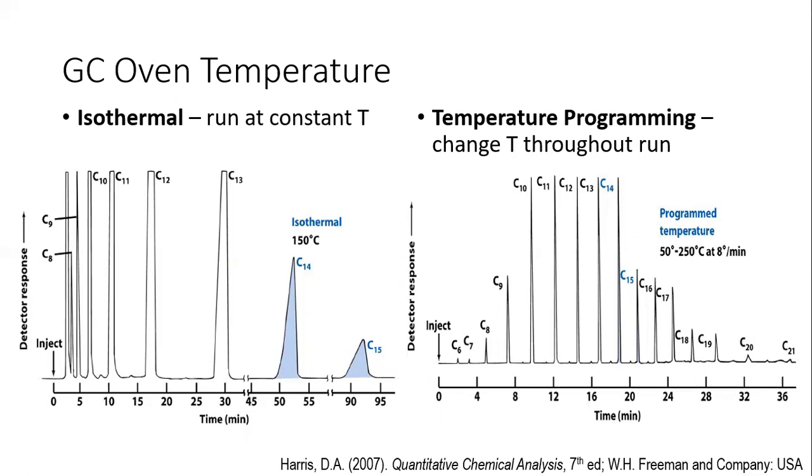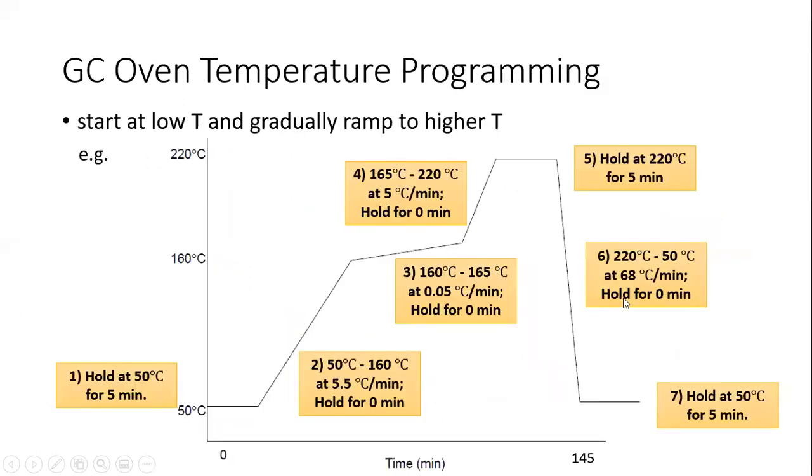That means that while you run your analysis, you constantly increase the temperature. If you look at the chromatograms obtained at the different oven temperature programs, the peaks obtained with temperature programming are better.